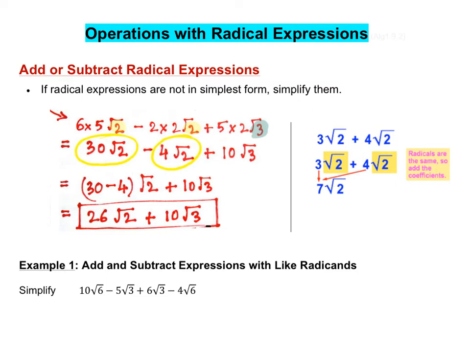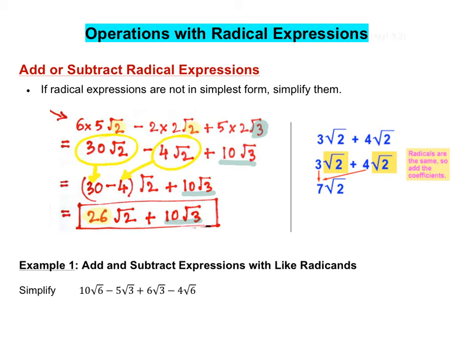Then we have minus 2 times 2 root 2, that gives us 4 root 2, and those two terms we now are able to see are like radical expressions. So 30 minus 4 gives us 26, that's the coefficient of square root of 2, and then what we have left over is this term 10 square root 3, which of course is part of our final answer.